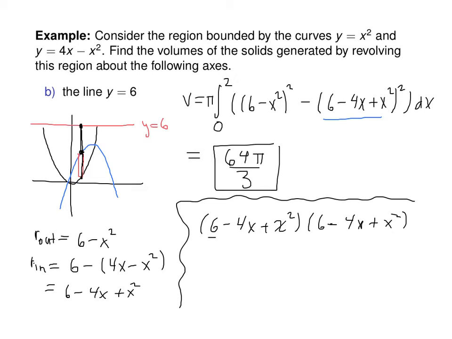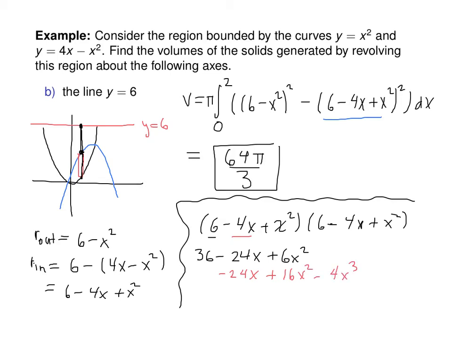First, you distribute the 6 to everybody, and that gives you 36 minus 24x plus 6x squared. Next, you distribute the negative 4x to everybody. That will give you negative 24x plus 16x squared minus 4x cubed.